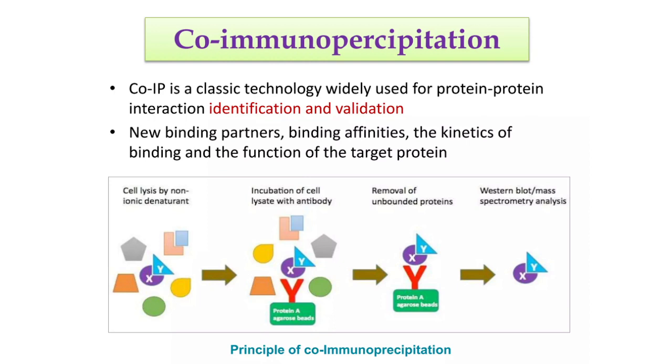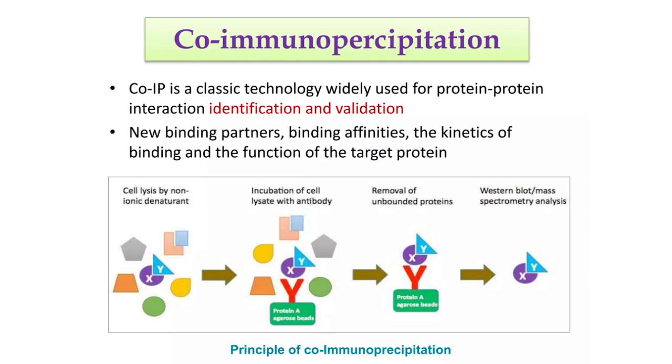Co-immunoprecipitation is a classic technique that is used for studying interactions between different proteins, for their identification and validation, and the new binding partners, the binding affinities, the kinetics of the binding and the function of the target protein can be identified.